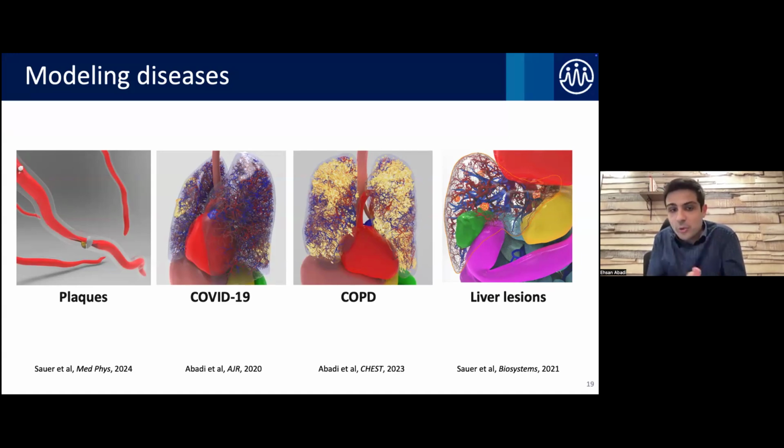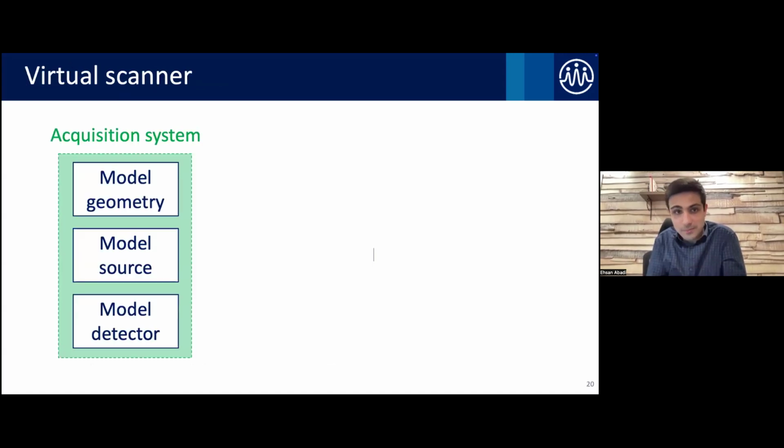So in short, human models would reflect or represent anatomical distribution and geometrical attributes of a patient with their physiology and pathology, in which then you can have this patient population in which you can do your study.